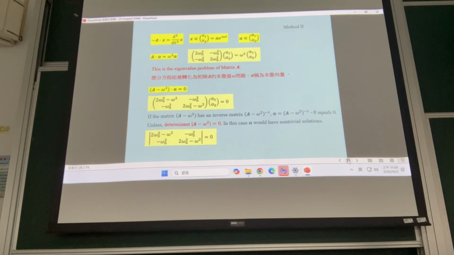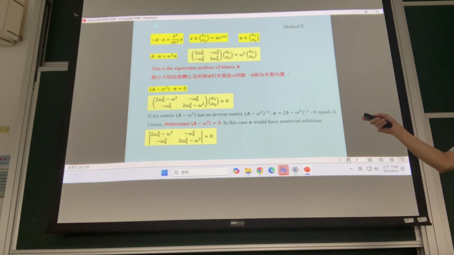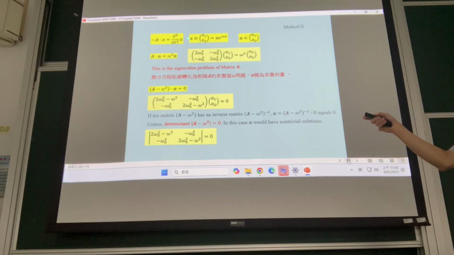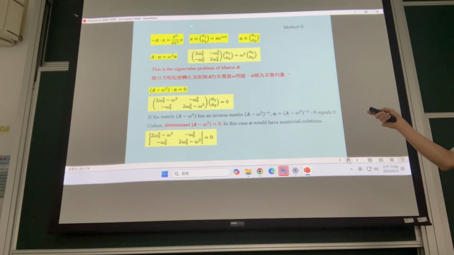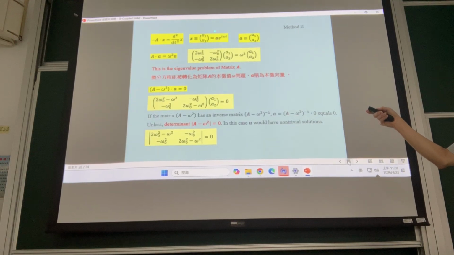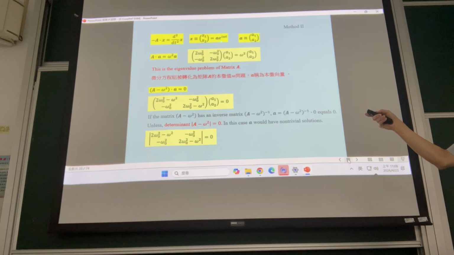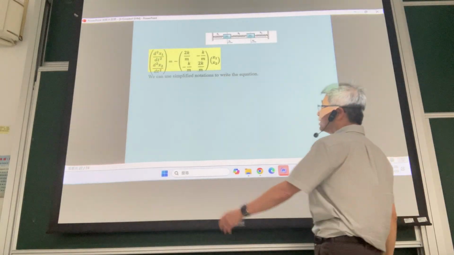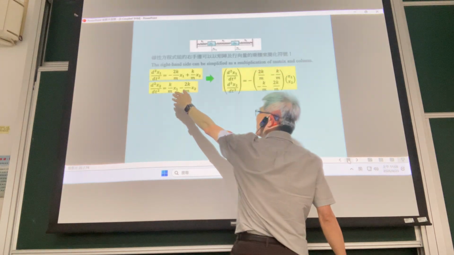Now I elevate it into complex numbers, although in the same notation, but I'm talking about a complex number function. And for x, I assume the solution is equal to A times e to the i omega t. So originally it is x1, x2.